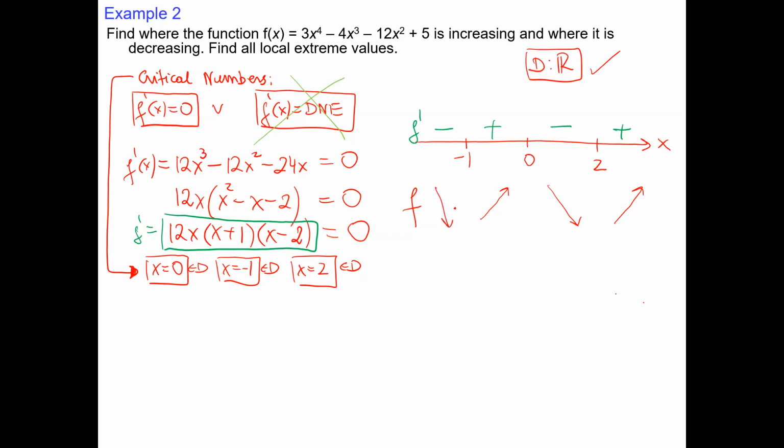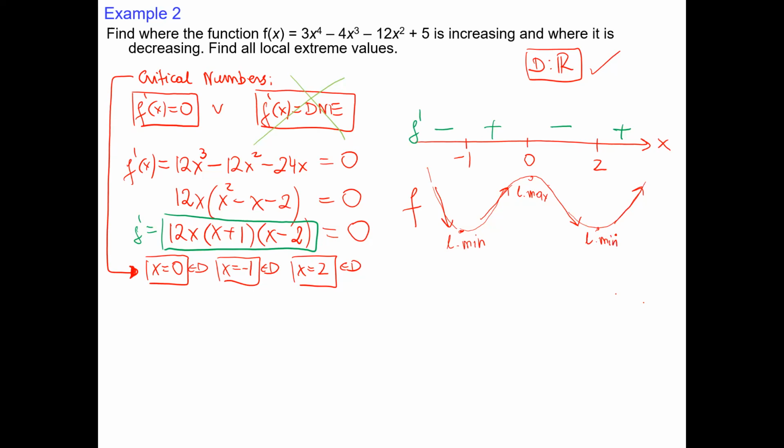And now we can even identify the extreme values. The function is decreasing and then increasing, so there will be a local minimum at negative 1. Then increasing and decreasing, a local maximum at 0 and a local minimum at 2.